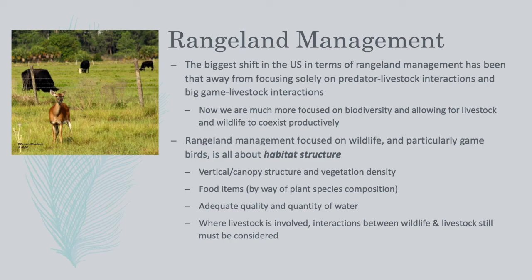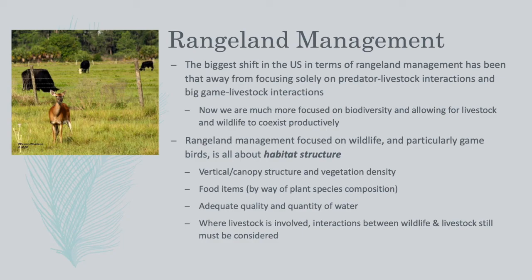So it's that vertical plant structure as well as the vegetation density. So how thick the vegetation is. And that's really important for game birds because that is concealment from predators for the birds themselves, but also for their nest, right? Because there's lots of critters out there that love to eat eggs.